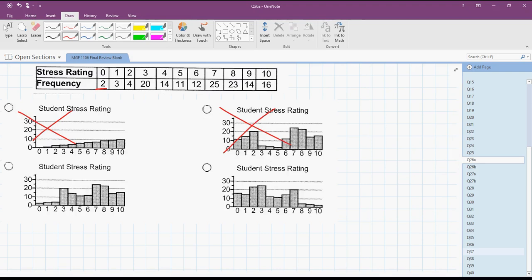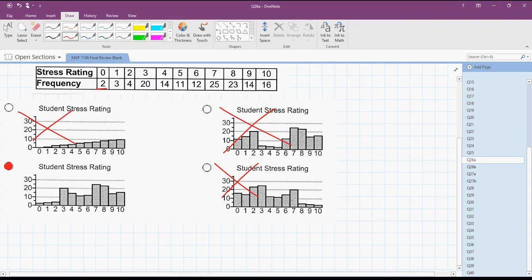This graph over here looks pretty good so far because in the bottom left, you can see that 0 is about 2. And if you check the last graph, 0 is way too big again. So it has to be the bottom left-hand graph.